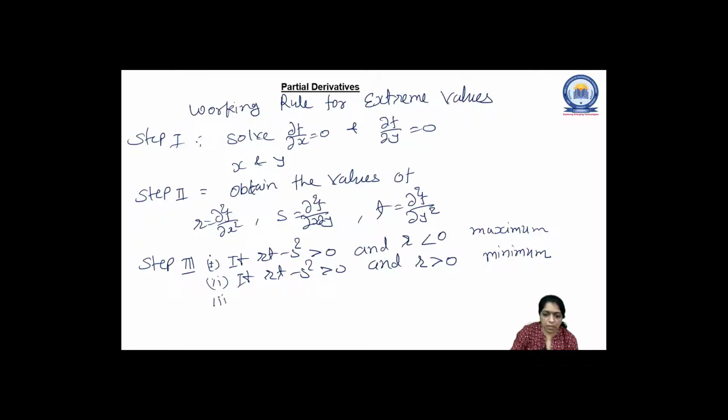Number 3, if R T minus S square less than 0, then neither maximum nor minimum, and this point is known as a saddle point.